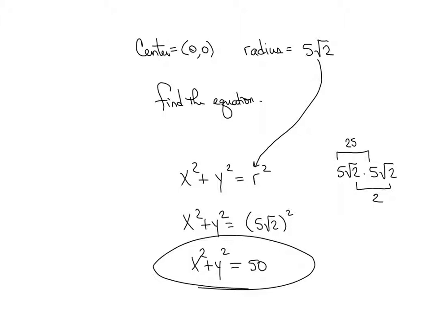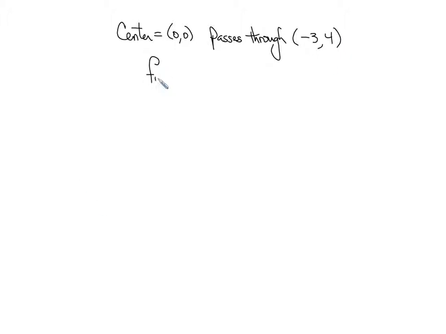Okay, so they can go forward, they can go backwards. There's one other type of problem I want to show you, and then I'll get you going on the homework. What if they tell you that the center is 0, 0 and that the circle passes through -3, 4. Find the equation.